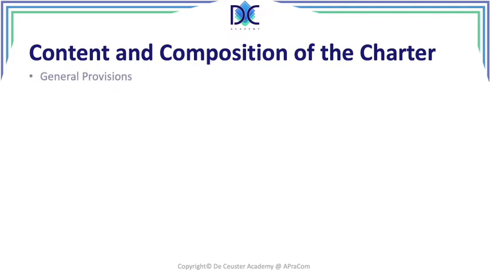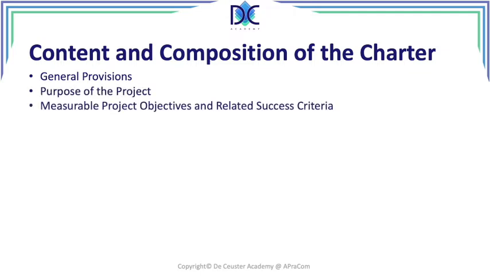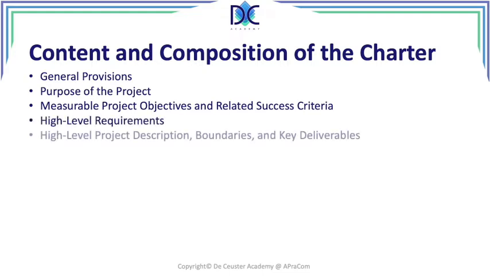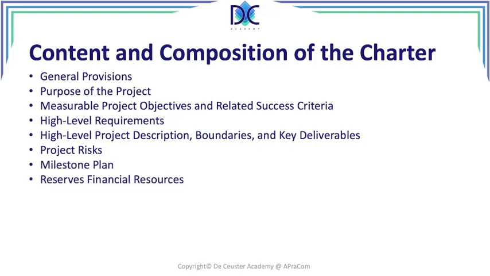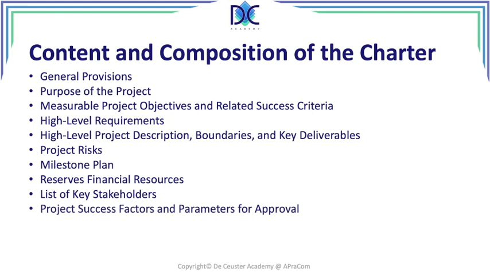There are general provisions about the project, the purpose of the project, measurable project objectives and related success criteria, high-level requirements, high-level project description, boundaries and key deliverables, project risks, a milestone plan, reserved financial resources, a list of key stakeholders, project success factors and parameters for approval, and project exit criteria.